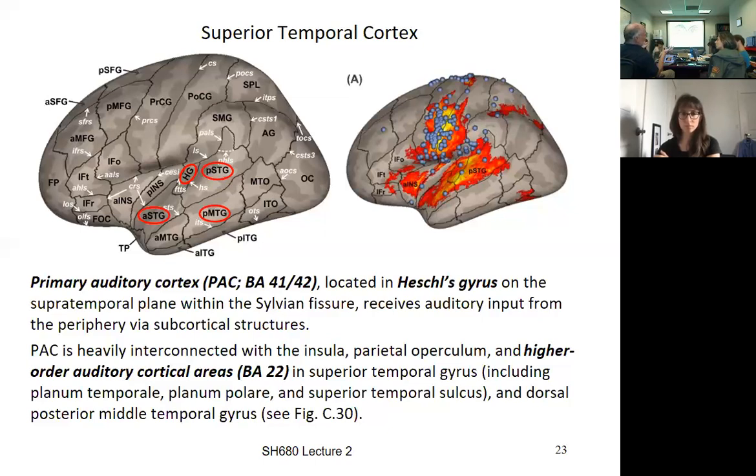In cortex, people usually break up cortex into a few classes of regions. One that's always there is primary. So primary sensory cortex, primary auditory cortex, has direct input from the periphery, or primary motor cortex has direct neurons to the periphery. Secondary cortex is a term that's sometimes used. That would mean something that's not directly connected to the periphery, but still just represents one type of sensory information or one motor modality.